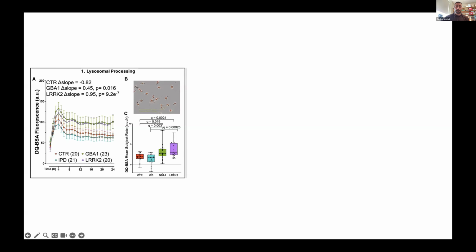DQ-BSA. And what we found is that GBA1 PD monocytes, as well as LRRK2 PD monocytes, tend to retain the probe longer and have a higher rate of fluorescence emission, which basically indicates that their processing is slower. They do uptake a lot, and they have basically an exaggerated uptake, but then they cannot really process it efficiently over time.